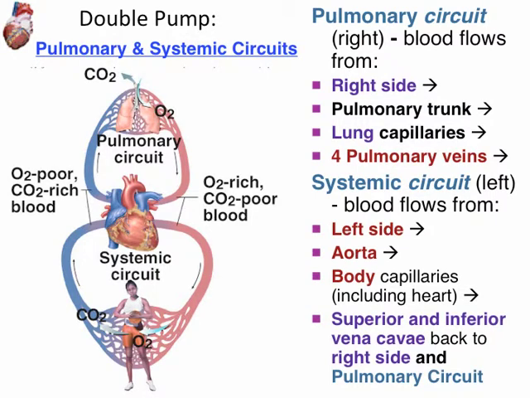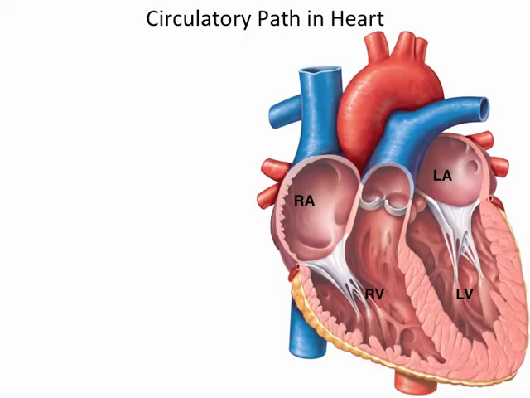Then the oxygen-poor, CO2-rich blood comes back via the superior vena cava, which is on the right side of the heart, and the inferior vena cava is also on the right side of the heart, just below the heart. And then there's a third circuit, the coronary circuit, that takes blood out of the aorta and into the heart muscle itself, and we'll have a separate podcast on that.